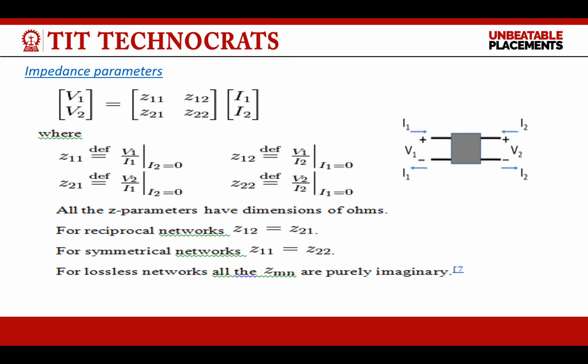So [V1, V2] is equal to the matrix [Z11, Z12; Z21, Z22]. These are the Z matrix or Z parameters. So Z11 is equal to V1 upon I1, that is input impedance. For a reciprocal network, Z12 is equal to Z21. For a symmetrical network, Z11 is equal to Z22. And for a lossless network, all the Z elements are purely imaginary.